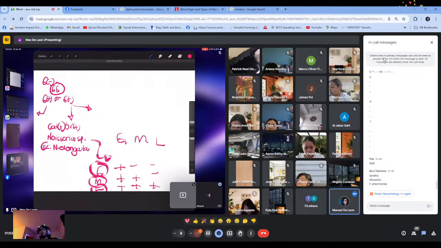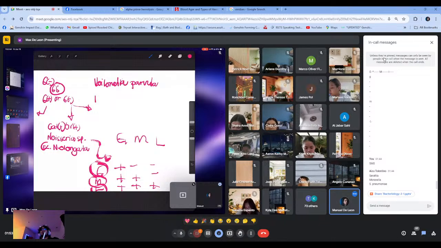Parvula. And Moraxella. Anong difference nila? Moraxella catarrhalis. Anong difference nilang dalawa?